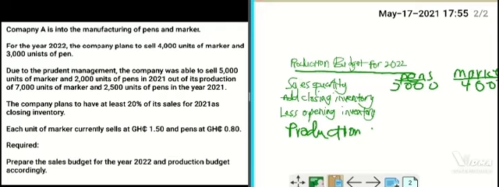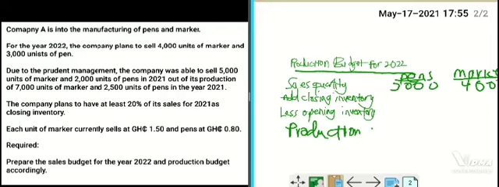So what you should not forget is that we are preparing the budget ahead of time, and because it's ahead of time, we anticipate that we would need to have 20% of sales for this year, I mean 2021, as closing inventory for 2022.